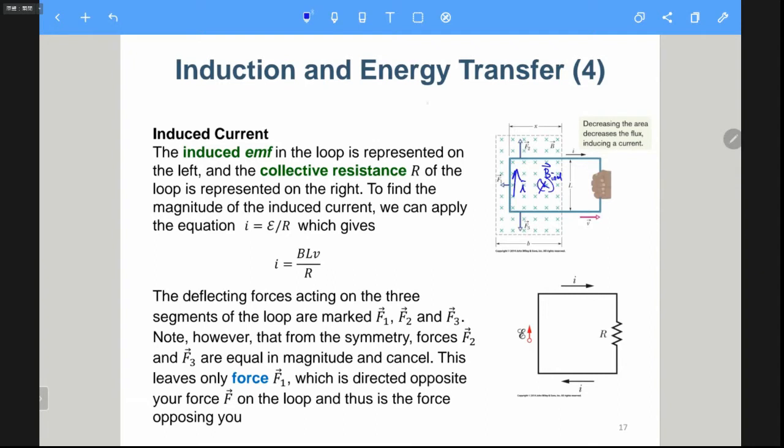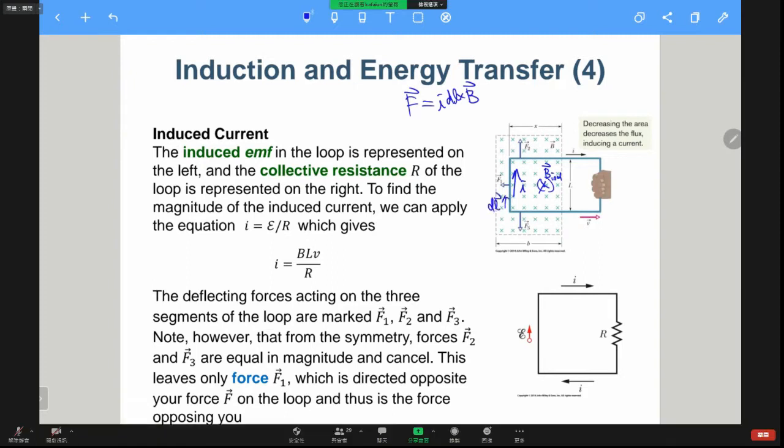If you still remember the Lorentz force, F equals q v cross B, here it is I dL cross B. So dL is pointing outward, and B is pointing into the page.